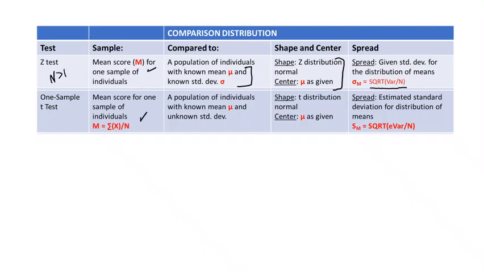I did put the formula here, but just the same, we had to calculate it usually. We were comparing it with where mu was known, but standard deviation was not known. We were using the t-distribution, now normal, based on the degrees of freedom. Mu was given, and the estimated standard deviation for the distribution of means was based on the square root of our estimated variance divided by n. So a really similar formula.